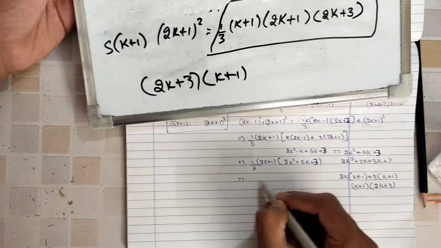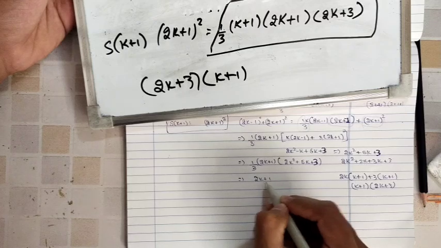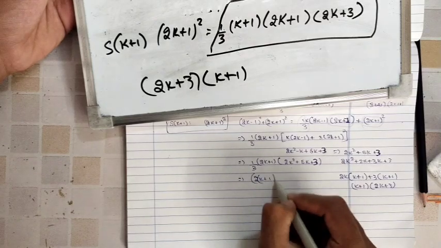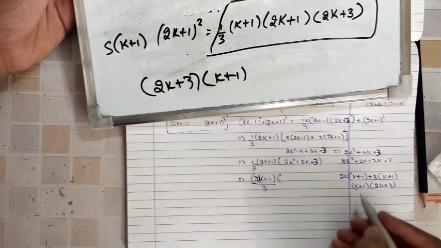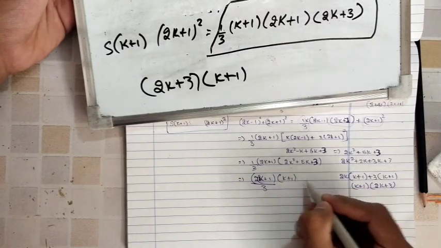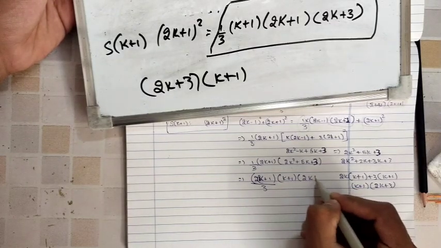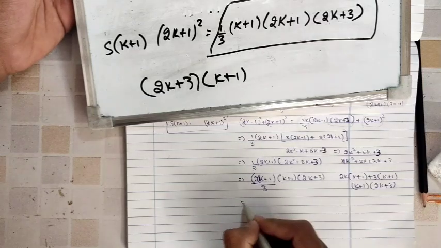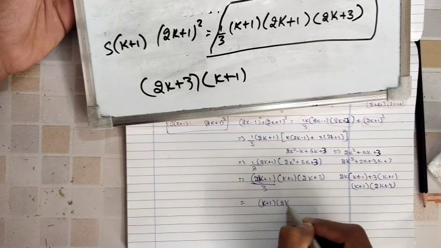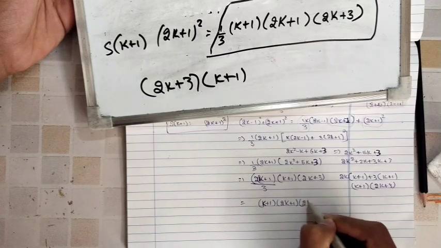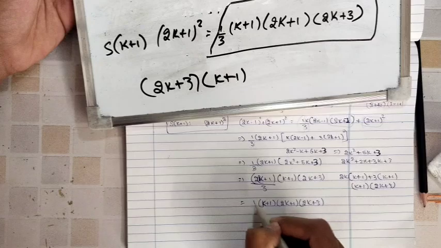Same thing I will write now: 2k plus 1, divided by 3, into k plus 1 into 2k plus 3. If I arrange this, it is k plus 1, 2k plus 1, 2k plus 3, into 1 by 3.